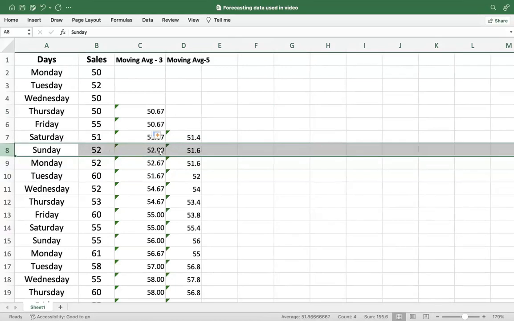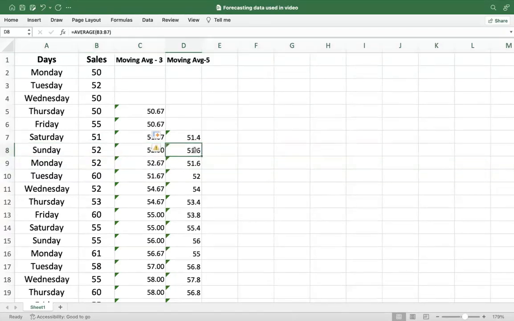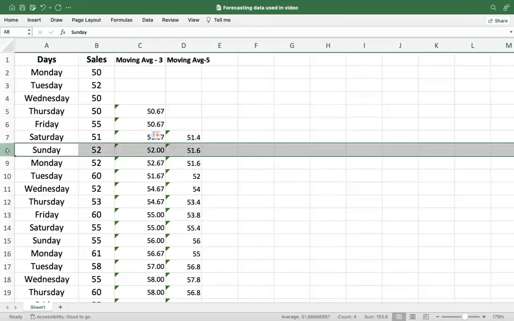And using the 3-period moving average, it gave us 52, which is exactly the same. But the 5-period moving average gives 51.6, which is less accurate than the 3-period. So in the case of Sunday, the 3-period moving average seems to be more accurate compared to the 5-period moving average.